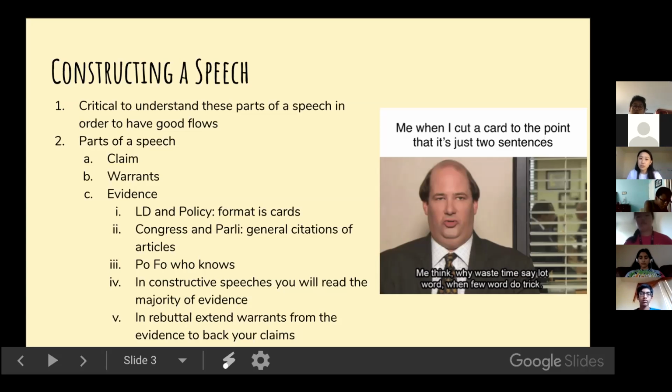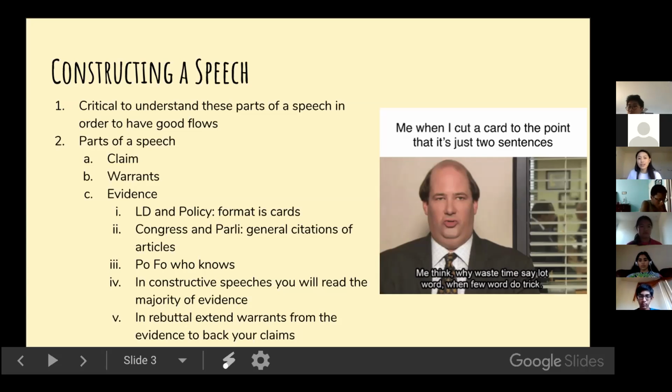You might cite your warrants within your tagline for policy or LD as well, but most of the time you're going to find your warrants in your evidence. If you've never seen a card before, you highlight the parts of the article or book that you want to read. So within your evidence, you're going to need warrants.